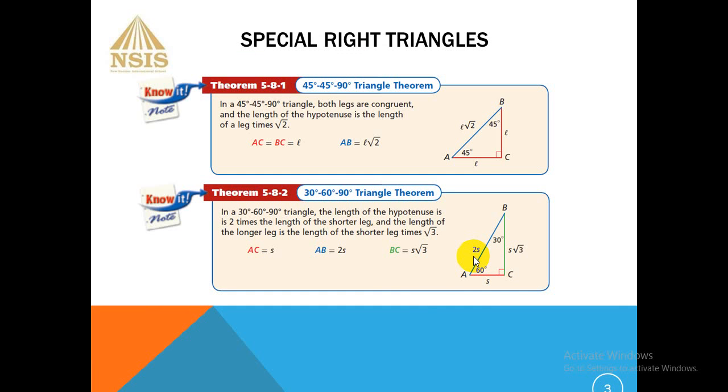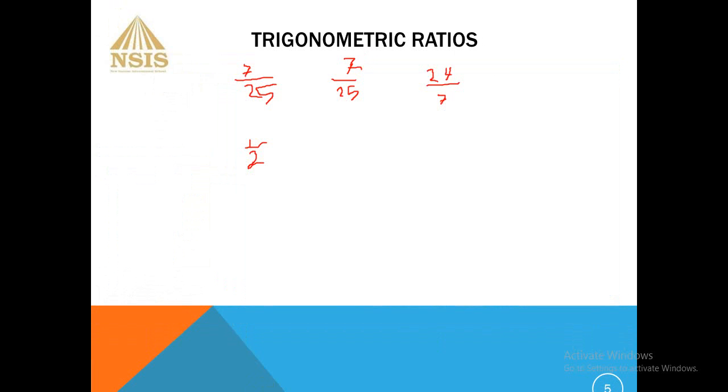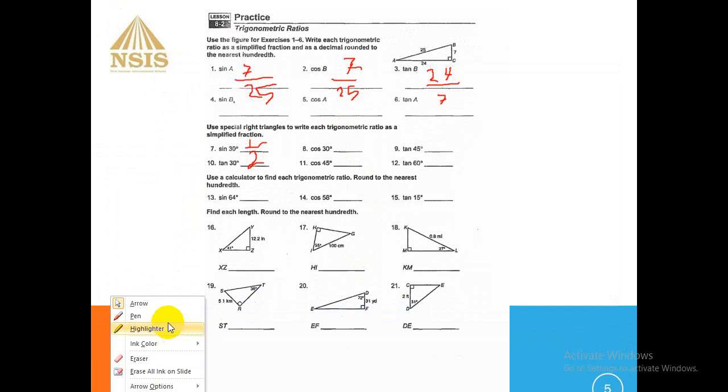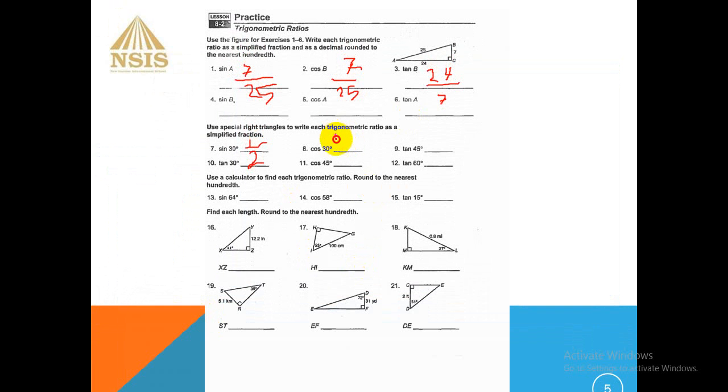So it's square root 3 over 2. Returning back here, let's solve it. Square root 3 over 2.